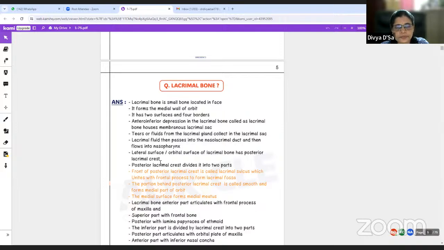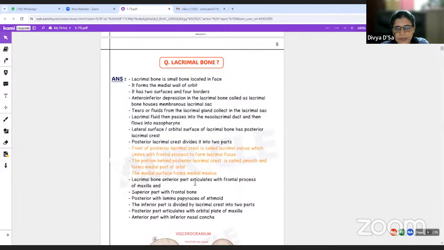Then the lateral surface is otherwise called the orbital surface of the lacrimal bone. It has the posterior lacrimal crest, and it has 2 crests, the posterior and the anterior. The posterior lacrimal crest divides it into 2 parts. In front of the posterior lacrimal crest, we call it the lacrimal sulcus.